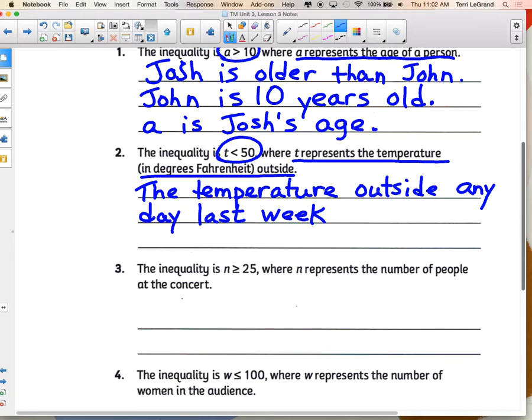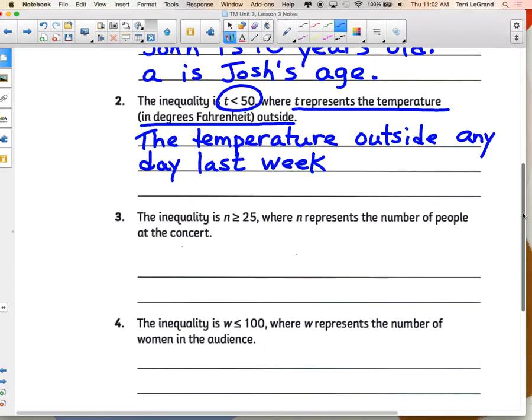Can you finish it for me, Carly? We have to finish this sentence, so can we add that on here? The temperature outside any day last week.